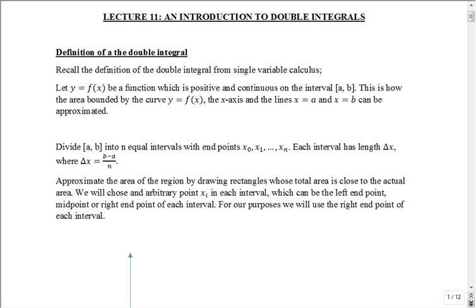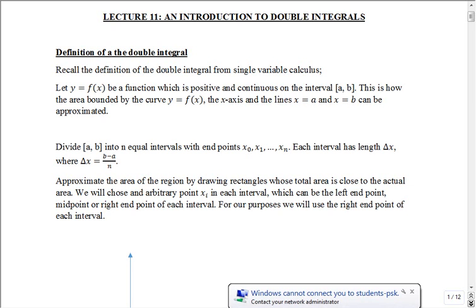So I'm going to introduce you to the double integrals as the easiest one. And I'm going to start by going back to Calc 2 when we did integration. We'll start by looking at the definition of the integral in single variable calculus in order for us to understand the definition of the double integral in multivariable calculus.